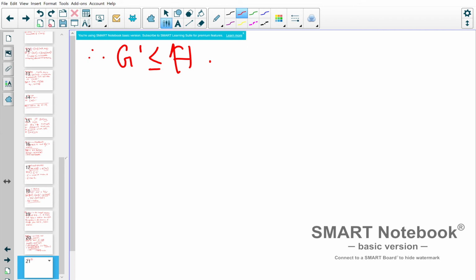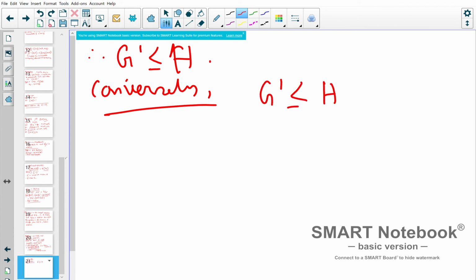Conversely, it is given that G dash is inside H. This is given, right? So what does that mean? That means if you quotient out by G dash, H mod G dash is a subgroup of G mod G dash, right?